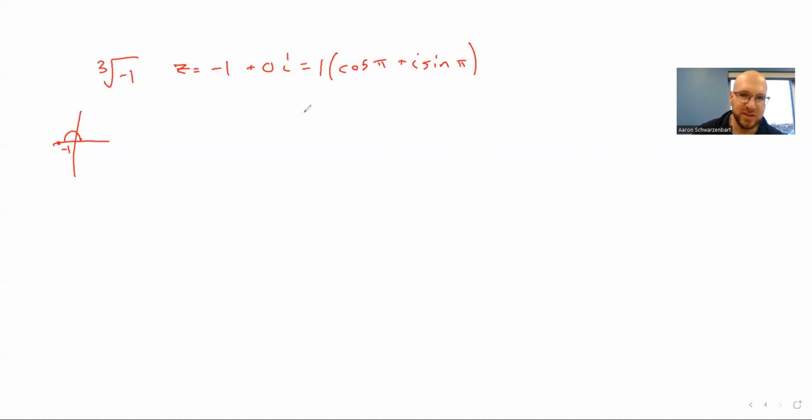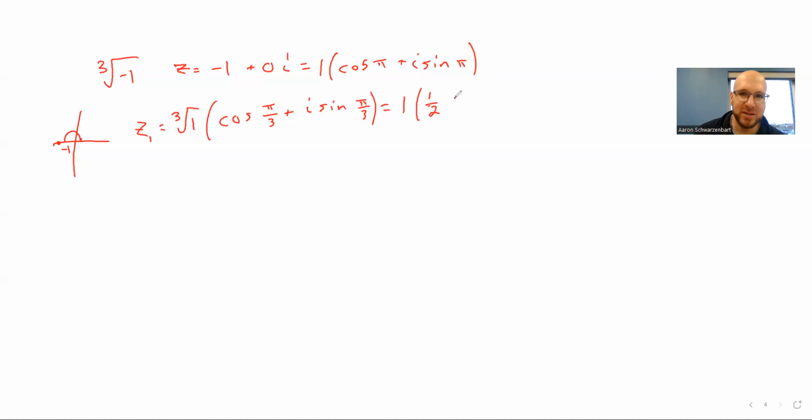And I'm asked for the cube roots of this. Actually, let's move this over. Cube root of 1. From now on, I'm just going to write that as 1. Cosine of pi over 3, I sine pi over 3, which is 1 times cosine of pi over 3 is 1/2.